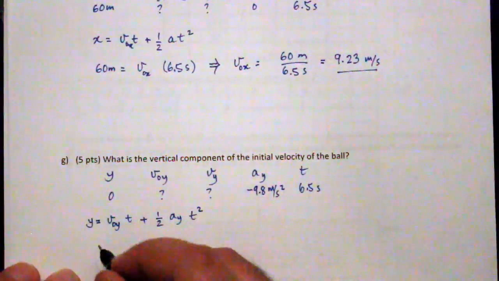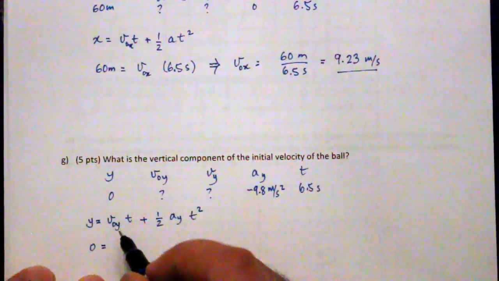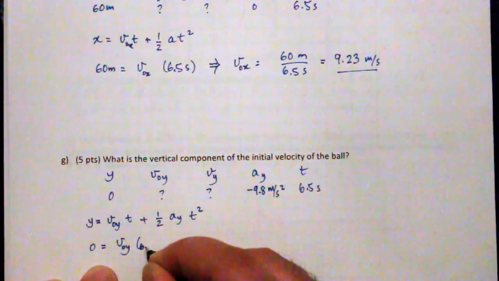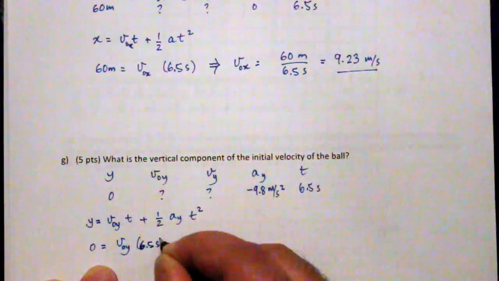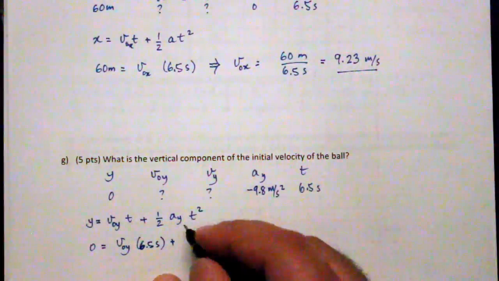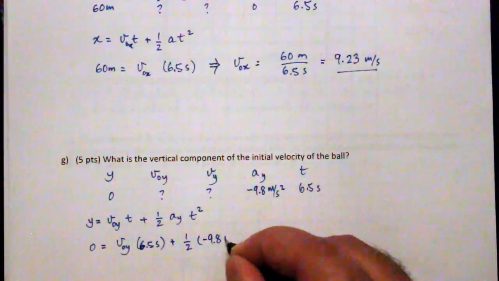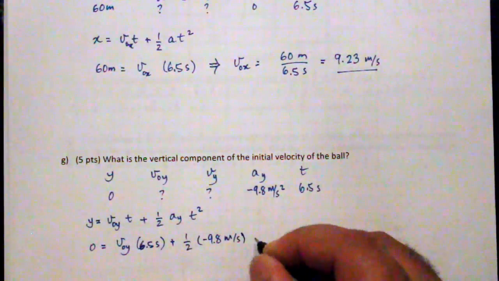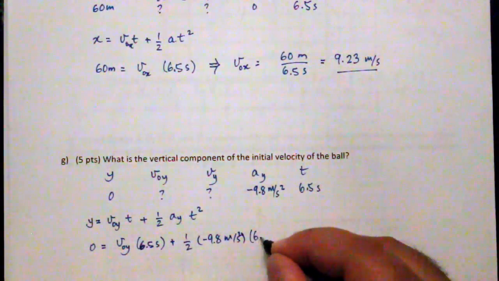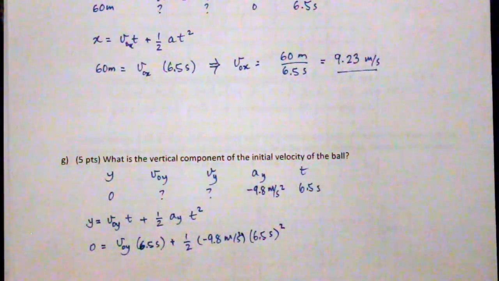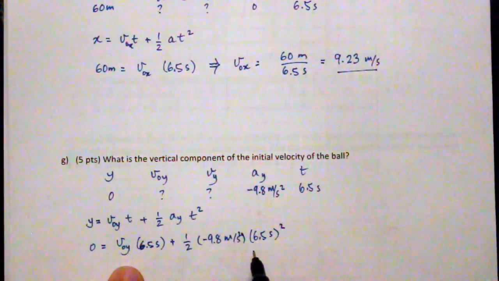I know that y is 0. V naught y is something I don't know. t is the 6.5 seconds. And I sub in for the rest of the variables.